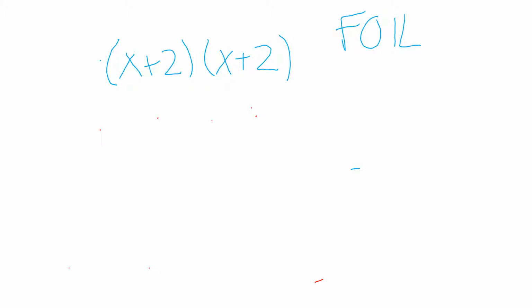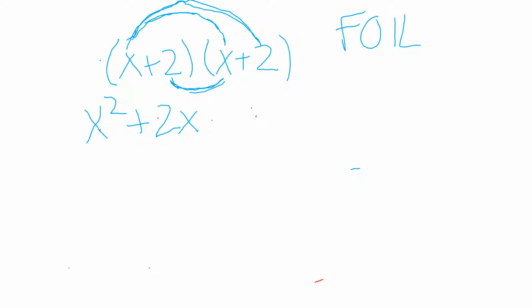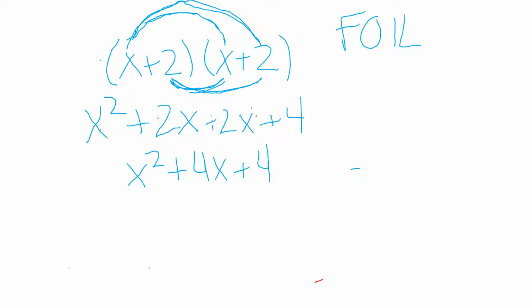So x times x is x squared, plus our inside terms, 2x, then our outside terms, 2x, and then our last terms. 2 times 2 is 4. And then we've got to condense it. x squared plus 4x plus 4. And that's the equation we found from FOILing.